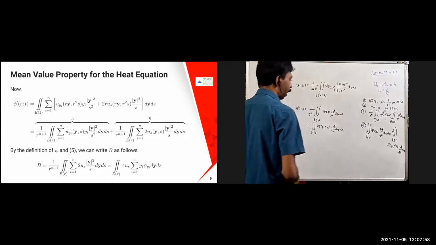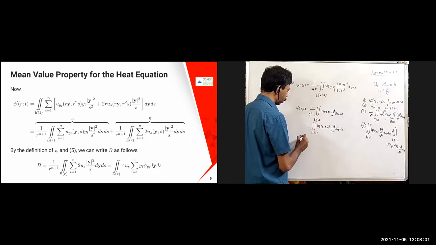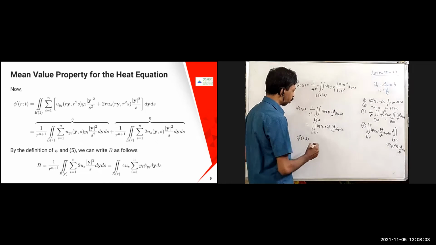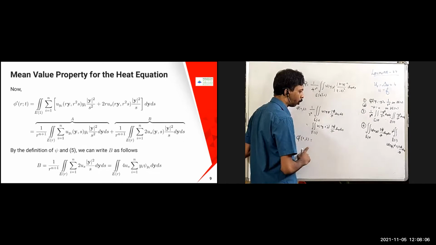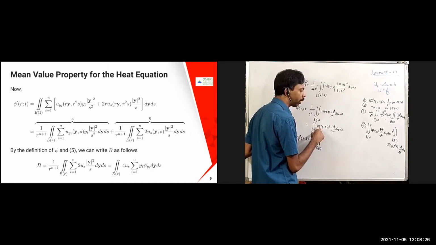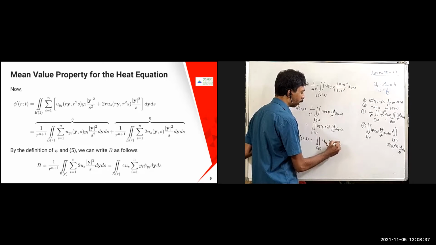Now I got to find phi dash of r comma t with respect to r. I'm going to differentiate that. So phi dash of r comma t is going to be the integral over E of 1, with respect to r. Here each y is depending on r, therefore first you got to differentiate with respect to yi. So u_yi evaluated at ry, r square s is going to come.